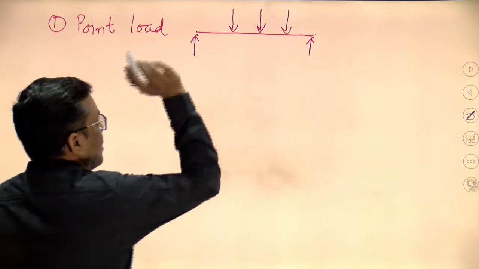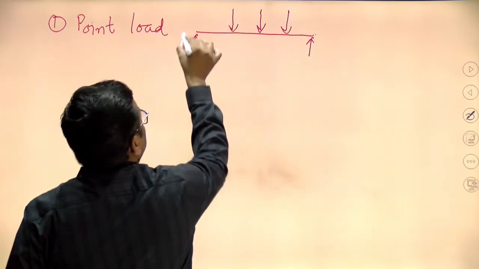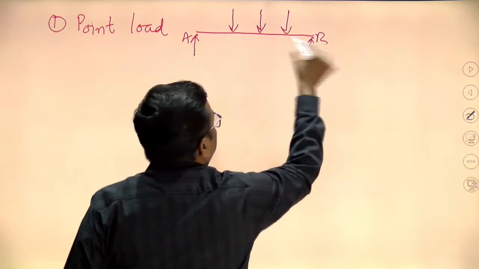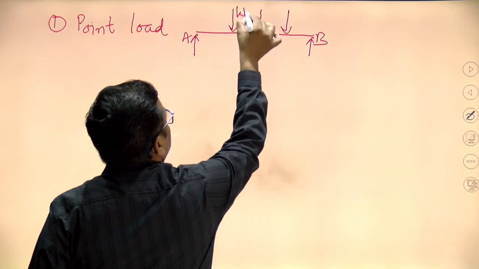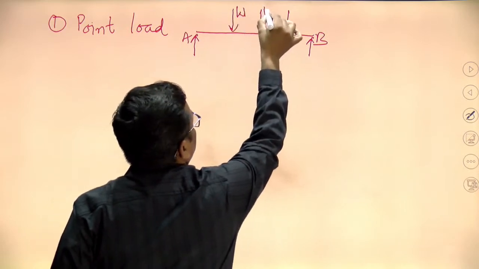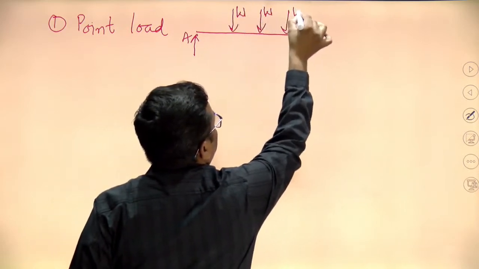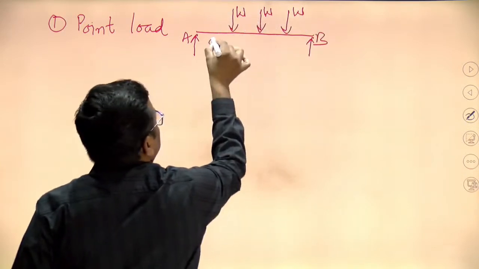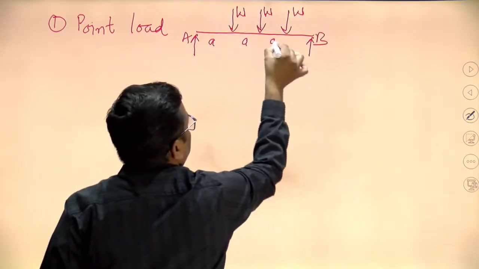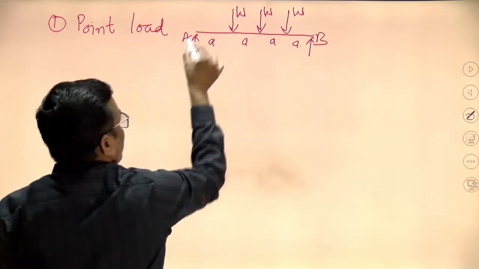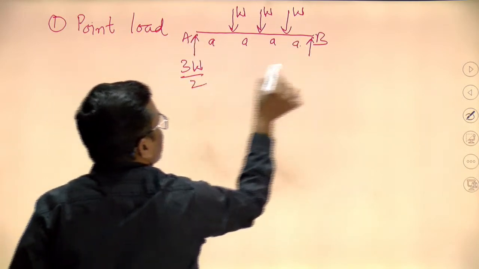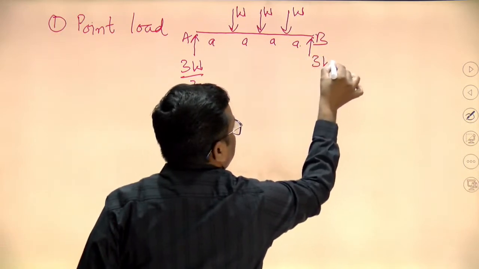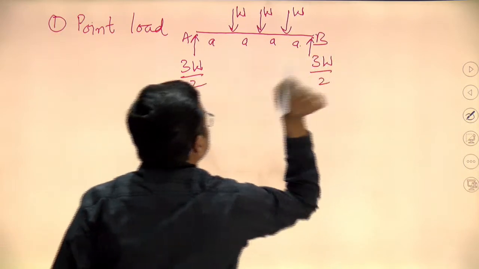These are the supports A and B. This is W Newton. If the distances are the same, what will the reaction forces be? The reaction forces will be 3W by 2 and 3W by 2.